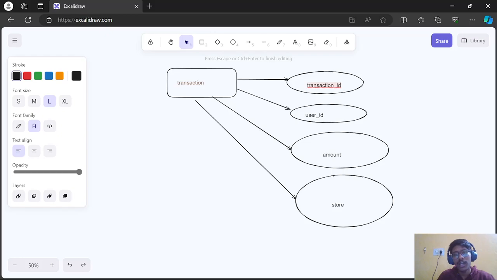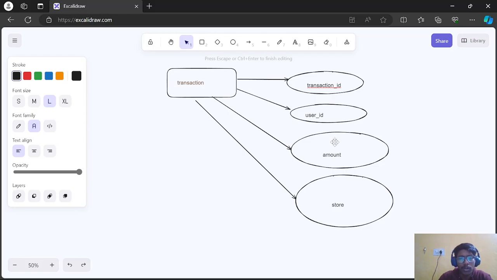So the transaction ID basically defines the transaction records in the database. So next would be user ID. And why? Because it allows the retrieval of transaction history of the individual users. It tells that a particular user has done this many transactions. It shows the transaction history of a particular user.